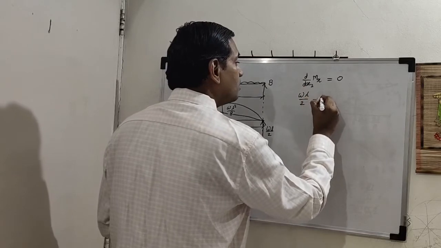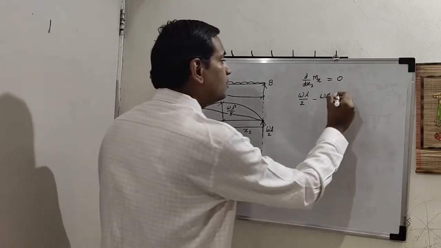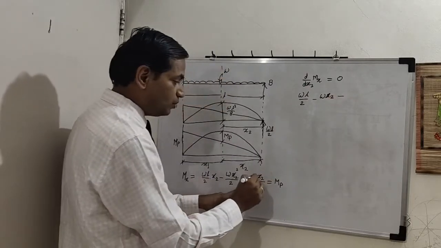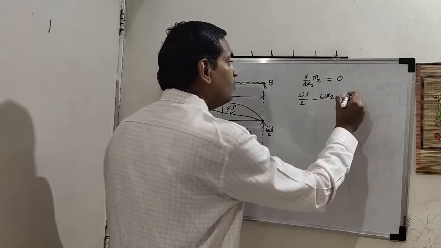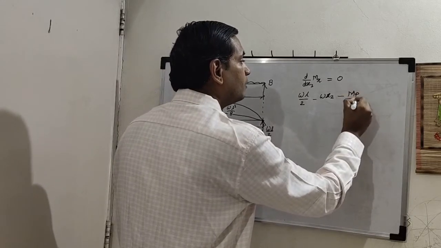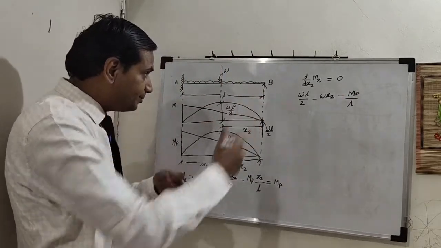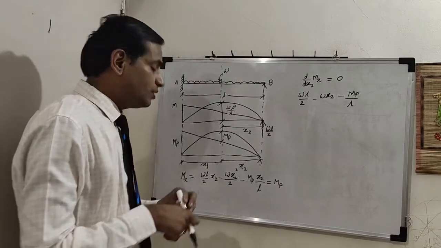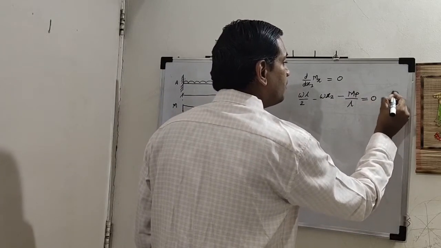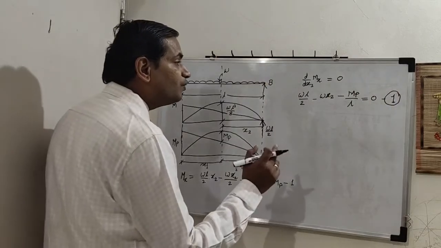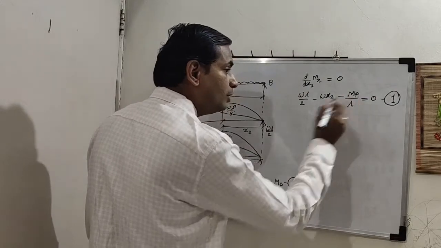So minus W x2, minus only x2 is there, so this will become 1 after derivative, so minus Mp upon L. Okay, minus Mp upon L. So this is derivative of Mx. Equate this to 0, call this equation number 1, and this will be 2.